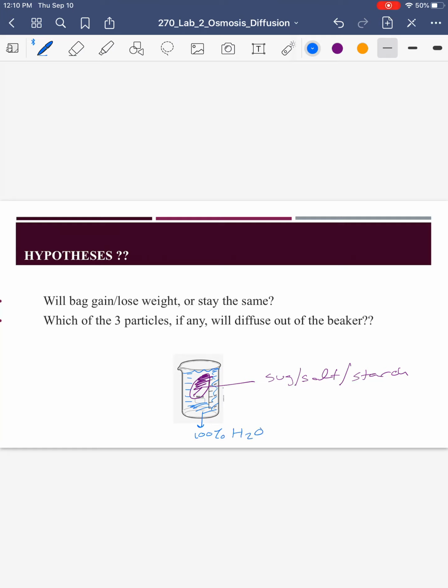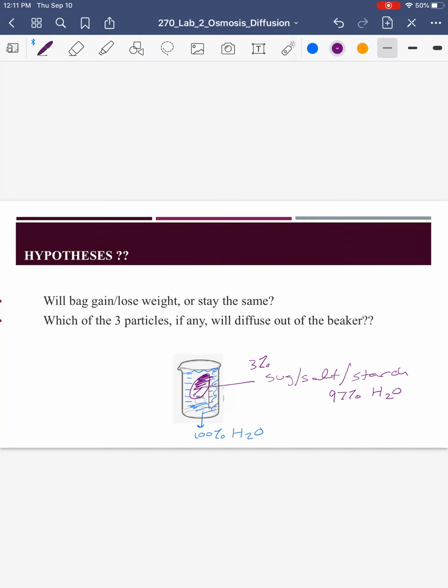Now, in this one, it didn't give you an exact percentage of the sugar, salt, starch solution, but it's probably somewhere about 3% sugar, salt, starch solution. So if it's 3% sugar, salt, starch, that means it is 97% water.